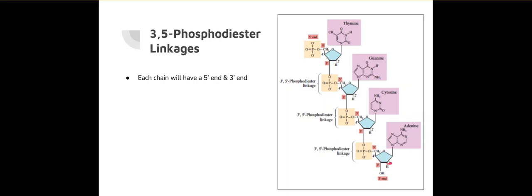This is deoxyribose. It doesn't have the oxygen right here. And then we have a phosphate group that connects to that 5th carbon, but it also connects to the 3rd carbon of the next nucleotide. And that's why this is called a 3',5' phosphodiester linkage.